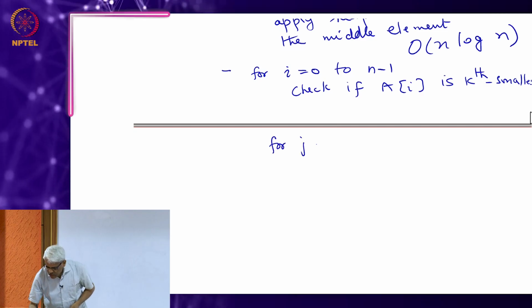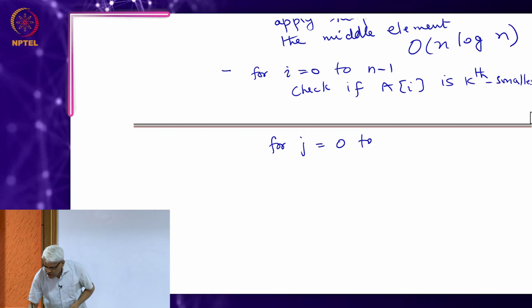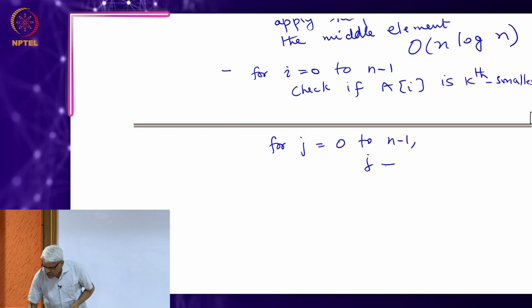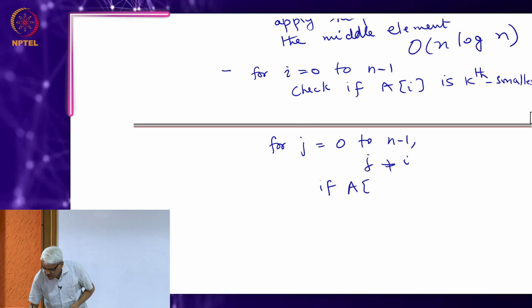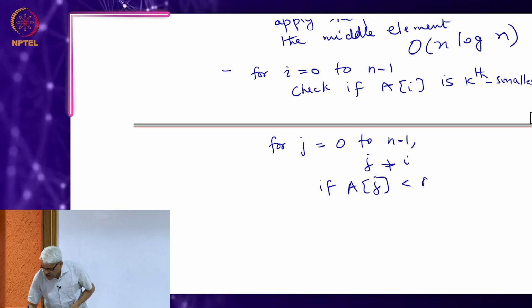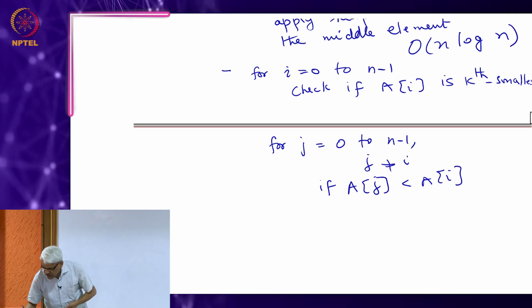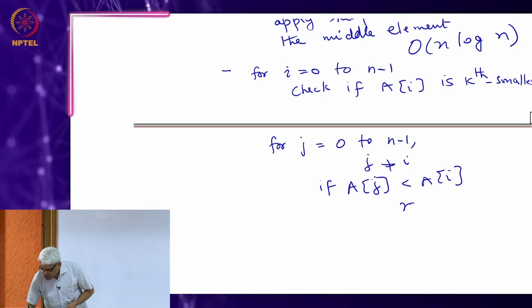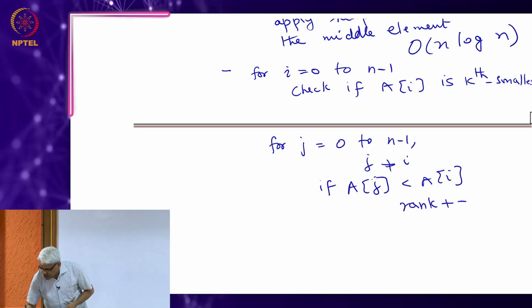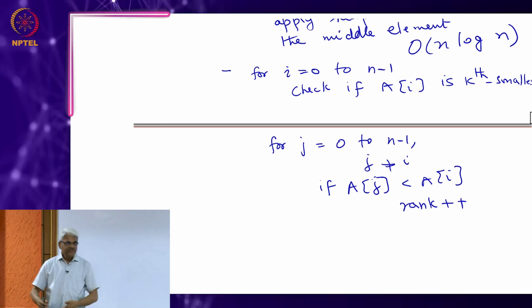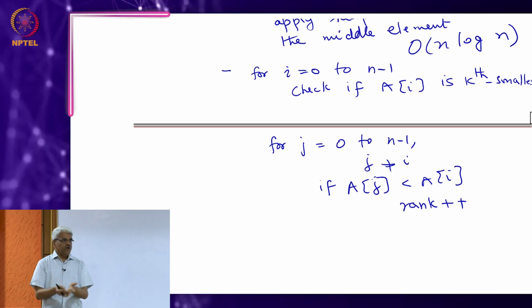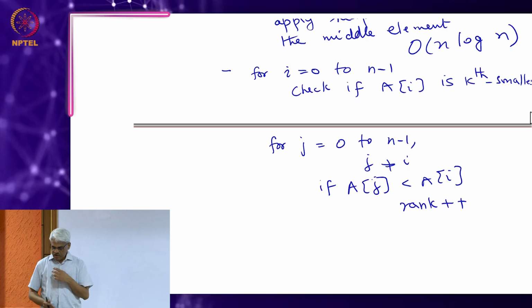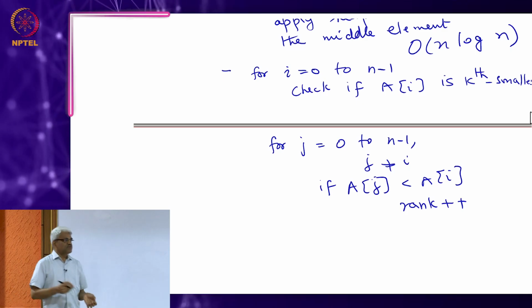For j going from 0 to n minus 1, j not equal to i, if a_j is less than a_i, let's say there is a counter called rank, initialized to 0, I increment it. And if the rank turns out to be k minus 1, then I know it's the kth smallest. Right? So now how much time does this algorithm take?